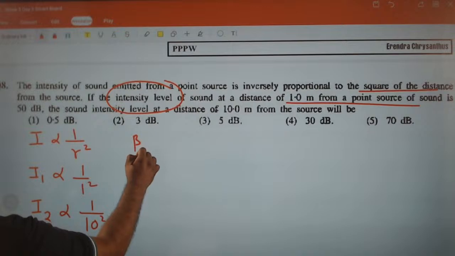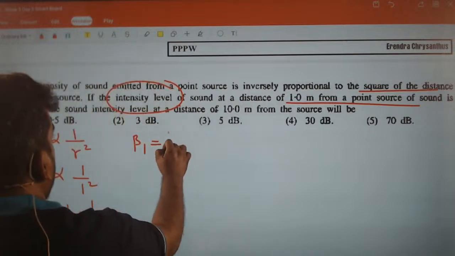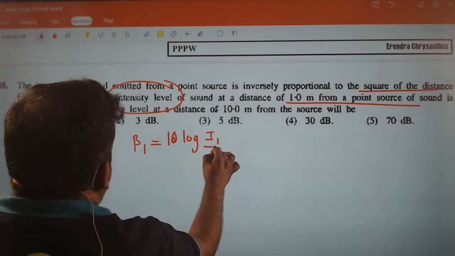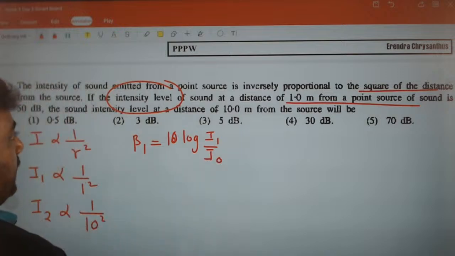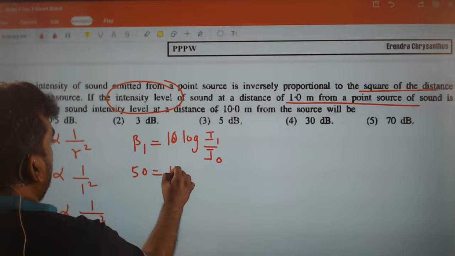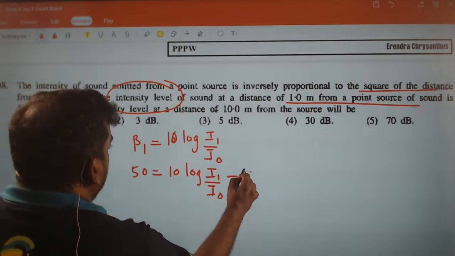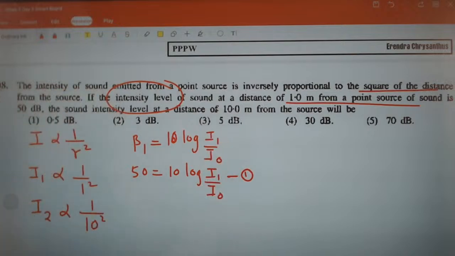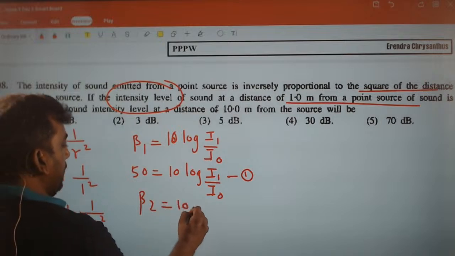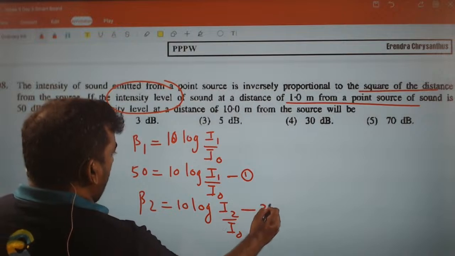So beta 1 is 10 log I1 over I0. Intensity level at 1 meter is 50 decibel: 10 log I1 over I0, the reference intensity. Now I'll apply for the second case, beta 2 is 10 log I2 over I0, equation number 2.